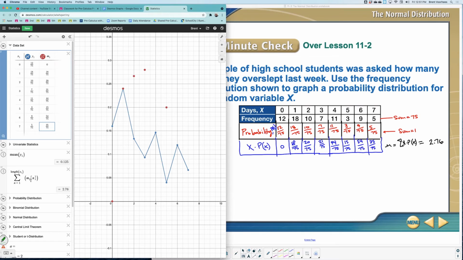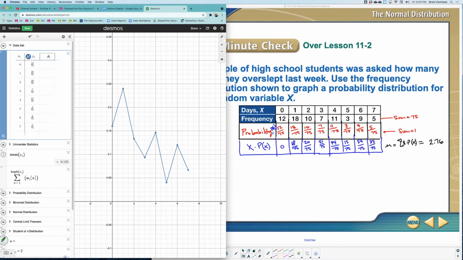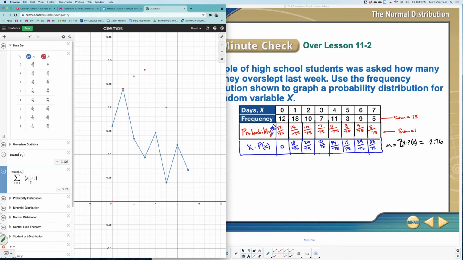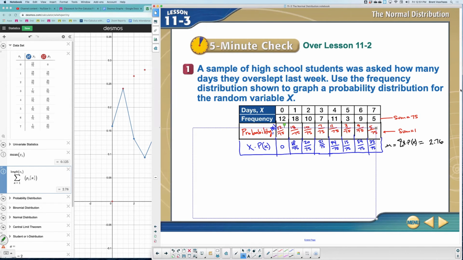We found the mean by finding the sum of all these different probabilities. I called that M. I probably would have been wiser to call it P, probability. Let's call it probability. And so I need to change this now to a 1. And so that was our mean that we found. Now, if you wanted to find the standard deviation, or rather, let me start with variance.